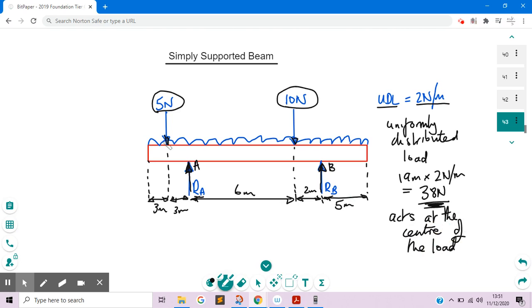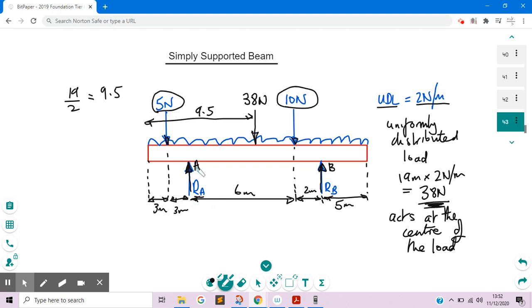So what we need to do is take the length, which is 19 metres, the full length of the UDL, and if we divide that by 2, 19 divided by 2 will give us 9.5. So what that's telling us is that the UDL can be considered to be a single point load of 38 newtons, which is acting at a distance of 9.5 from the end.